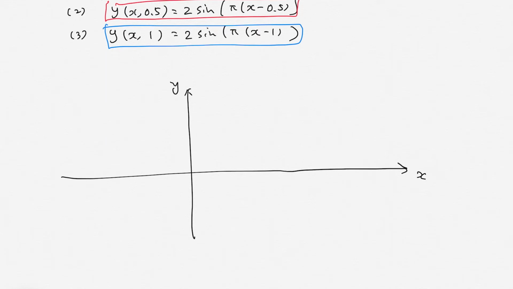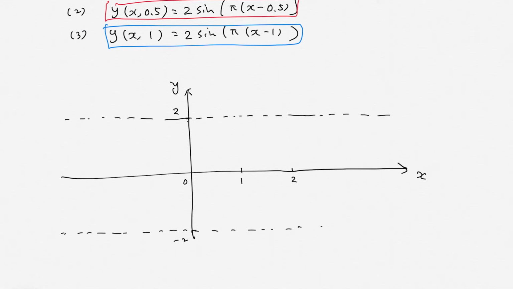So it starts from 0, and it becomes 1, 2, and the amplitude is 2, and minus 2. So you can draw this. This is the amplitude. And then this is minus 1, minus 2.